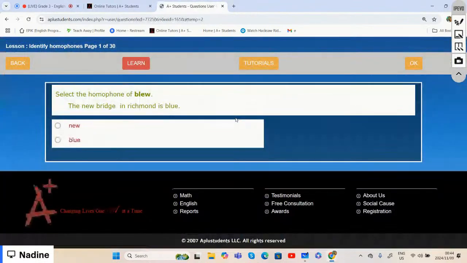We need to select the homophone of blue. It says the new bridge in Richmond is a blue. So blue, is it option one, new, or option two, blew? Which one is the homophone of blue?